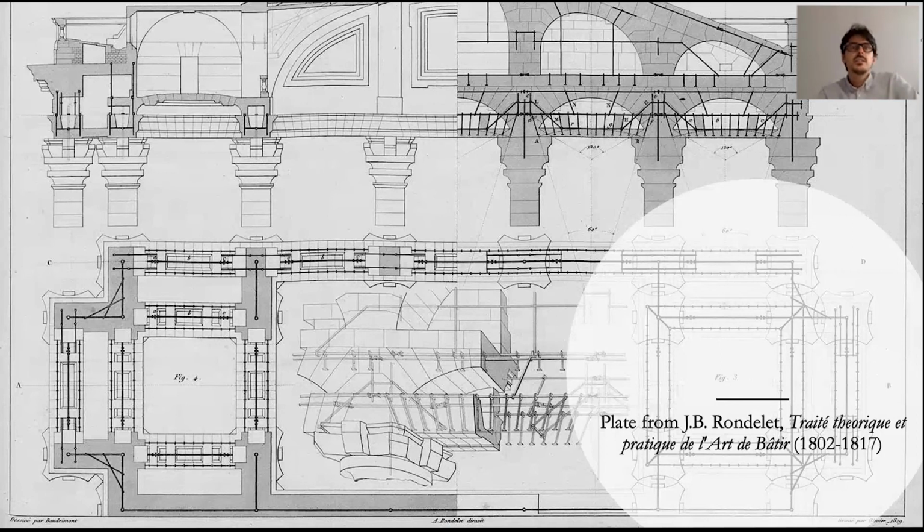This is, for instance, a picture published in the very famous book by Jean-Baptiste Rondelet, which is still called treatise, but provides an extremely different image of architecture than the one found, for instance, in Leon Battista Alberti's De Re Aedificatoria.